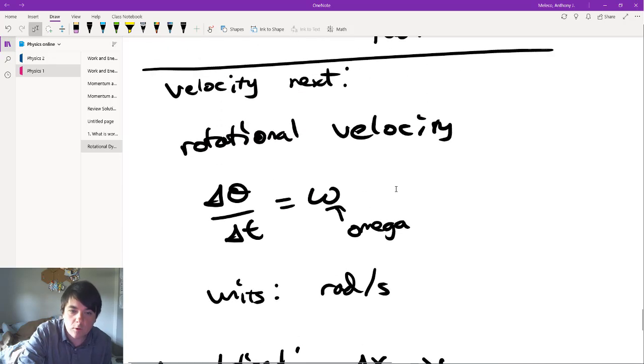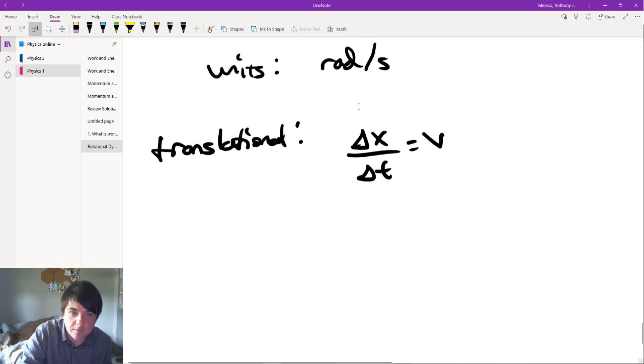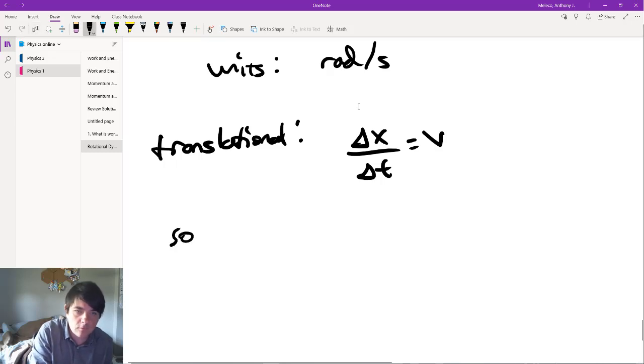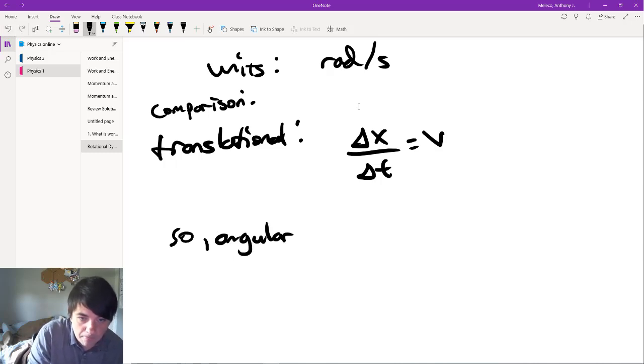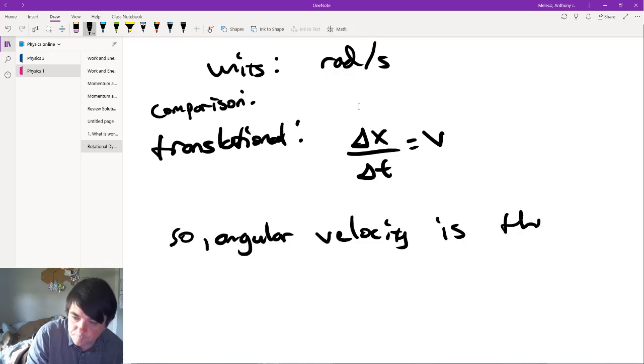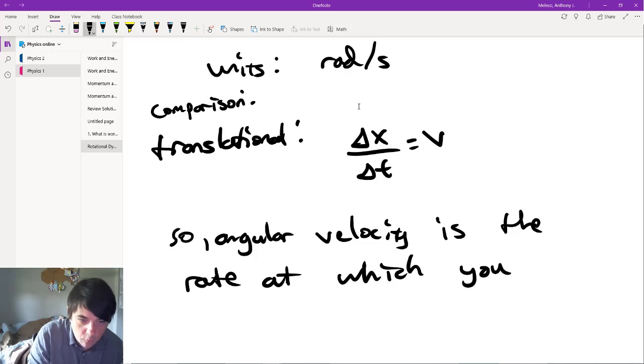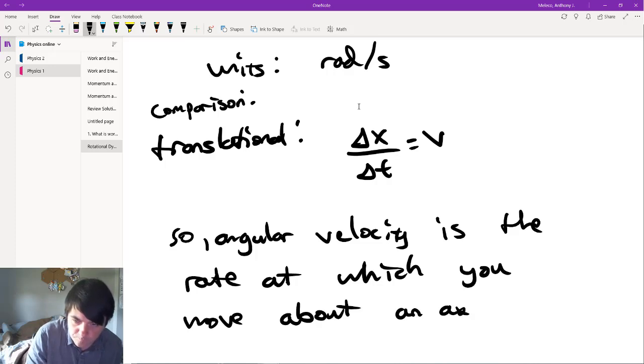So there's your comparison to that. Okay, so this is the rate. Angular velocity is the rate at which you move about an axis of rotation.